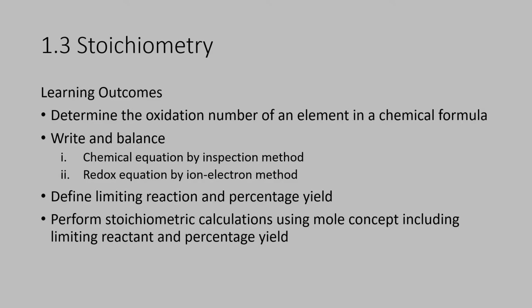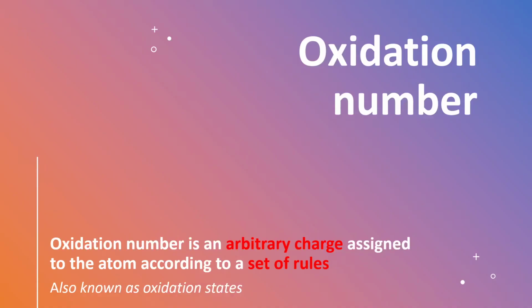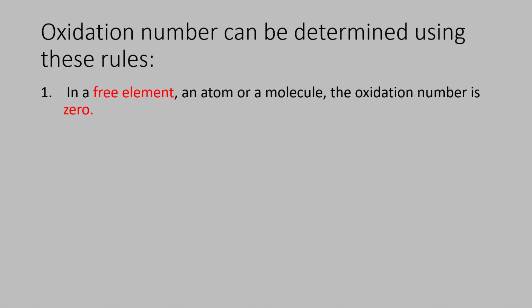This is the bread and butter of a chemistry recipe. The first thing you need to know is oxidation number, which you have actually met before. I'll give you 3 rules to know the oxidation number, which you already met in secondary school.